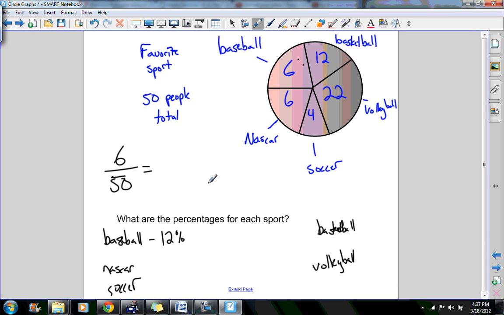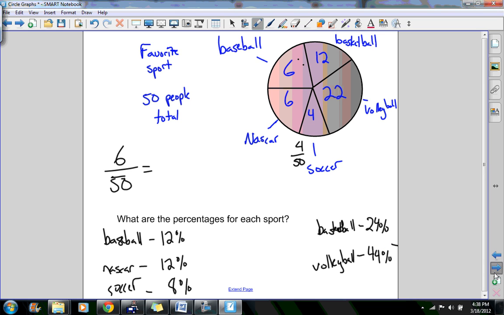So then for NASCAR, it'd be the same thing, 12%. Soccer would be 4 out of 50, which is 8%. Basketball is 12 out of 50, which is 24%. And volleyball would be 44%.